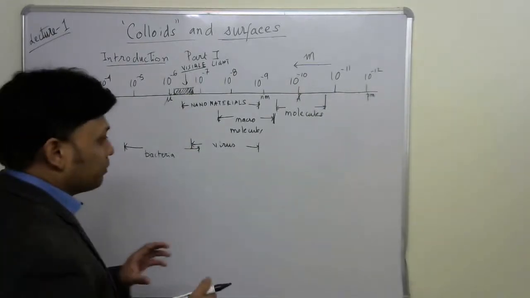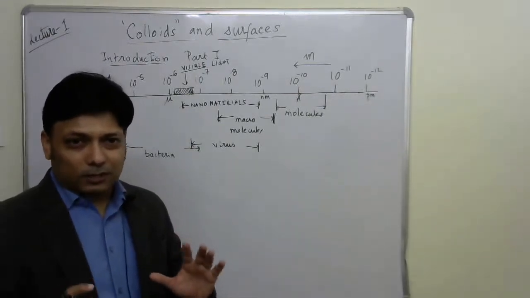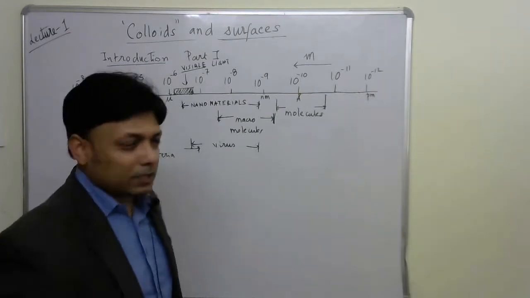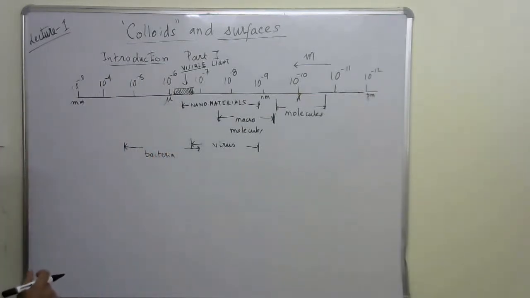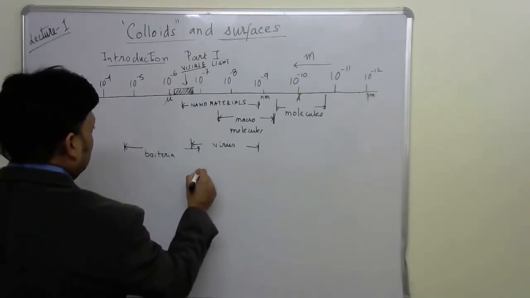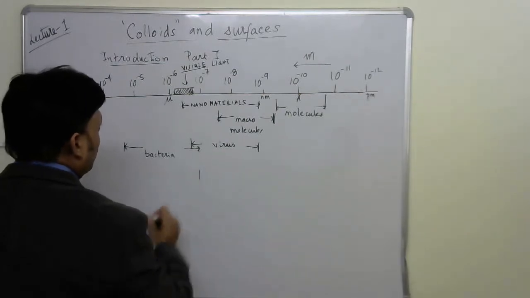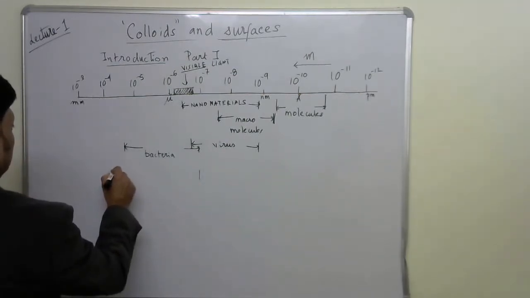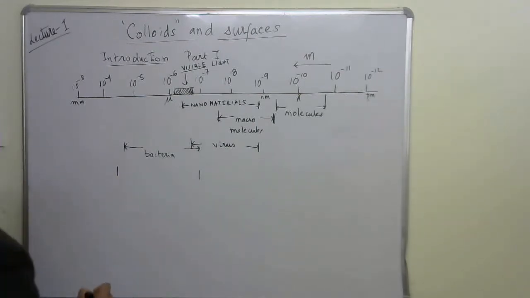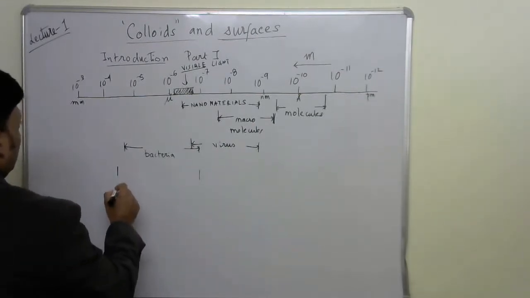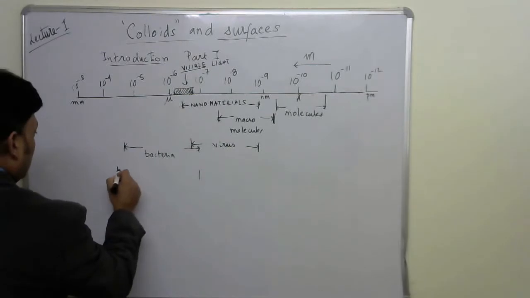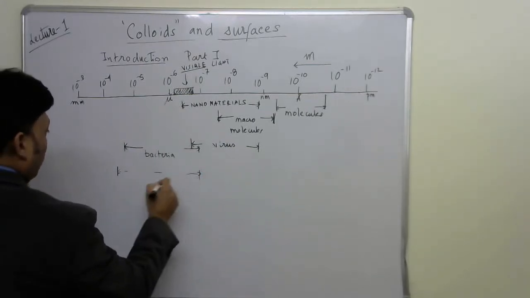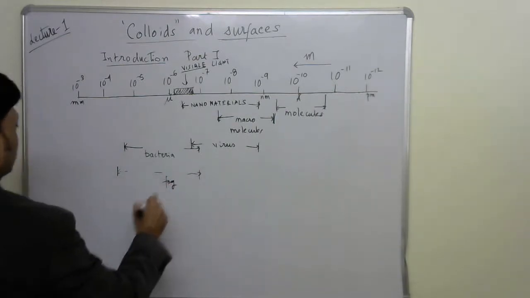Fog is suspended particulates in the air, and those particulates have a size range. The fog particle size range starts from a few hundreds of nanometers to a few tens of micrometers. That part we can actually call fog.